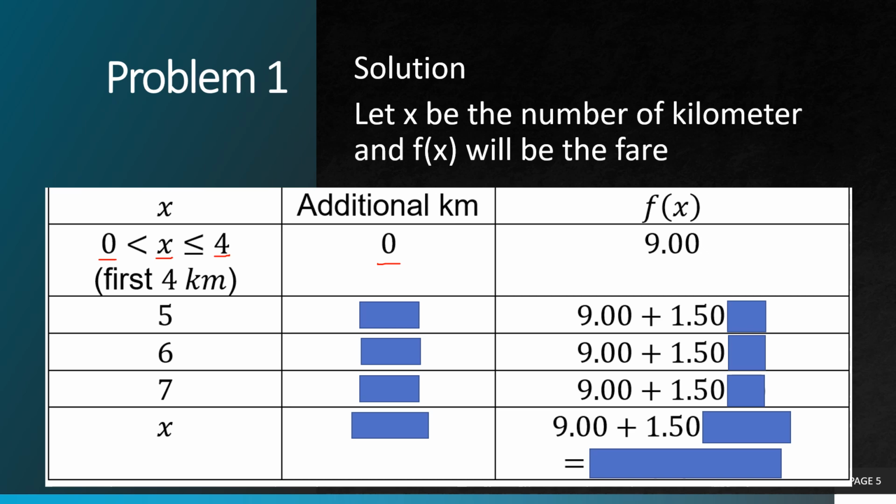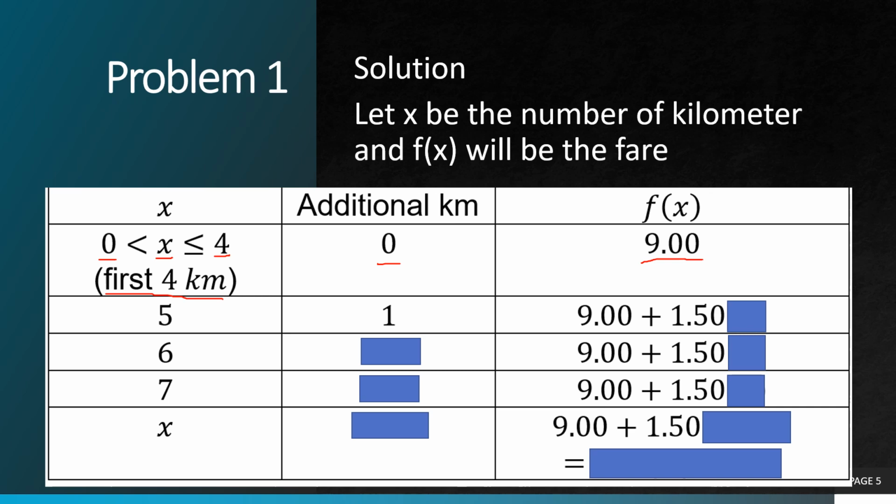So for the first 4 kilometers, we have the fare as 9 pesos based on the given. Now the question here is, how many additional kilometers are there in 5 kilometers? If your answer is 1, your answer is correct.